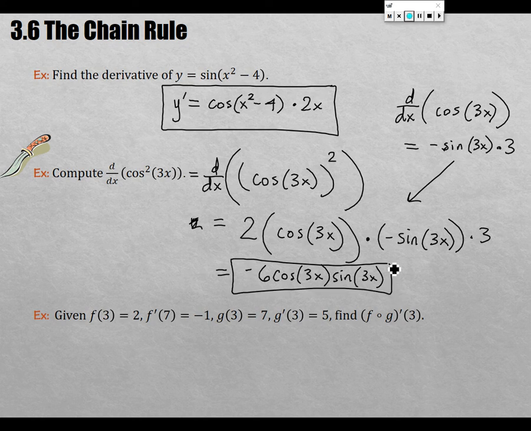Can we handle the two chain rule applications? You could use the double angle formula. The negative 3 sine of 6x. Yeah, good.